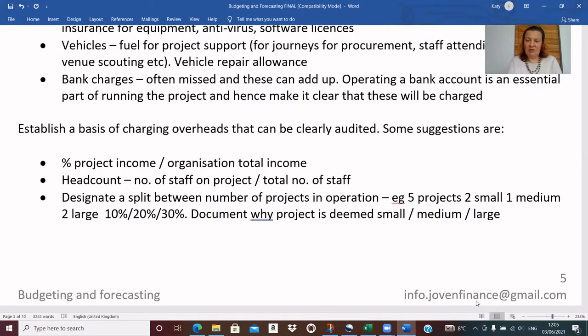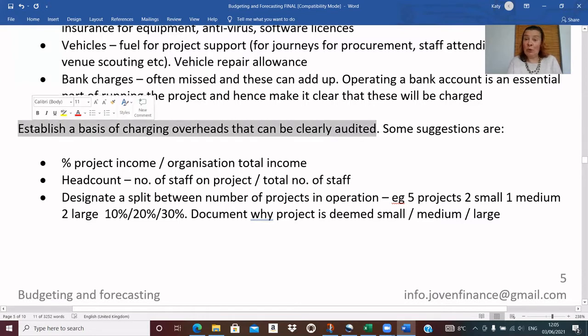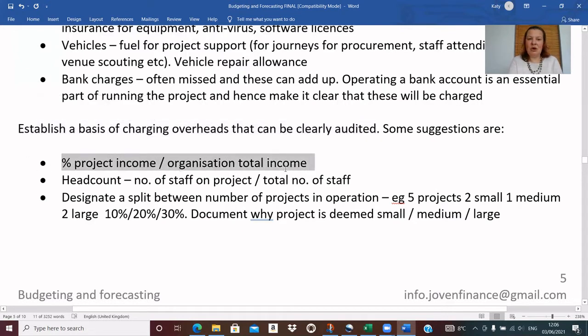When we want to budget for overheads in a project, it can often be difficult to decide how much to charge. And so here I've suggested a few bases for charging overheads. The key thing that I would say though is the basis needs to be clearly auditable. So some suggestions are, maybe you could take the percentage of the project income over total organisation income.